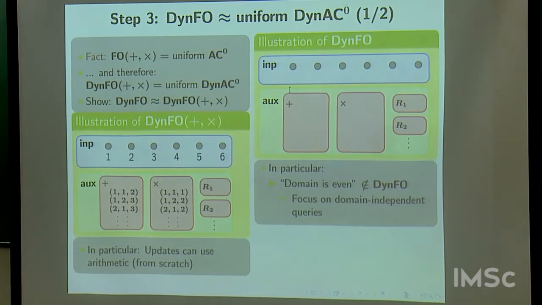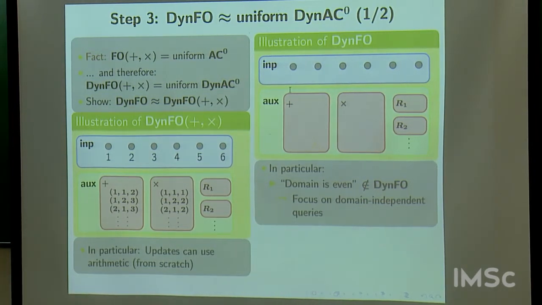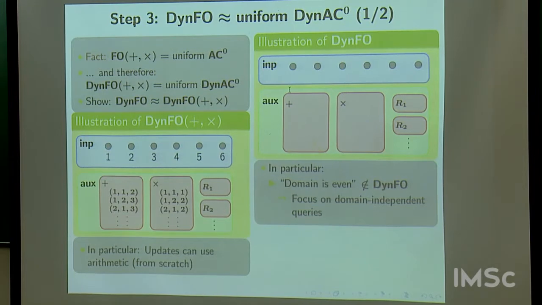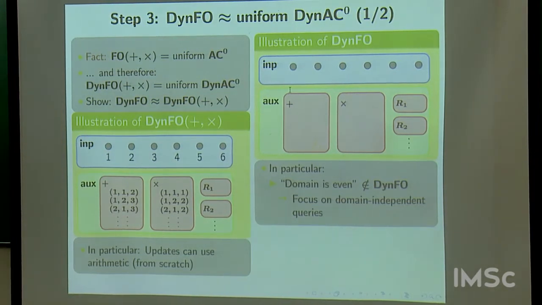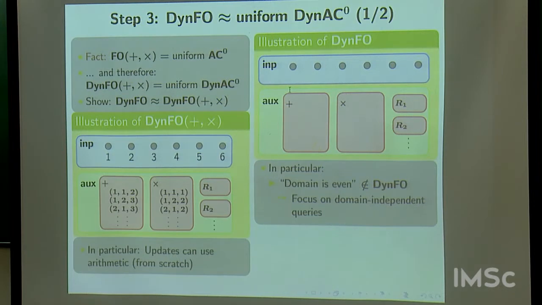So the focus is on domain independent queries like reachability, where the query does not depend on the number of isolated vertices in the graph. If you throw in isolated vertices in the graph, it does not change the answer of the query.